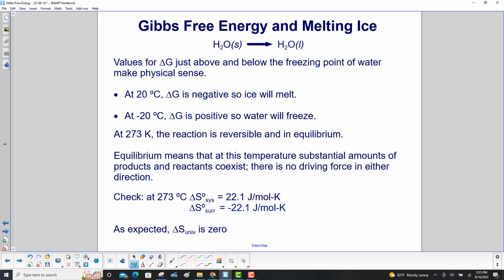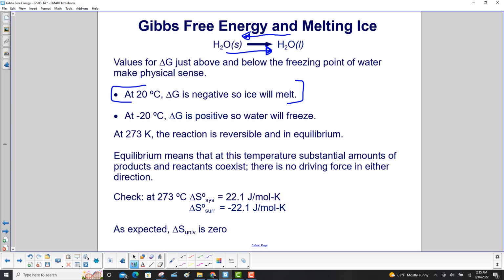These values for delta G just above and below the freezing point of water do make physical sense. When you're at 20 degrees Celsius, above the melting point, we found that delta G was negative. So that means this reaction will go this way. At minus 20, delta G is positive, so water will go the other way. It will freeze. If we did the math for that, that's what we would find out.